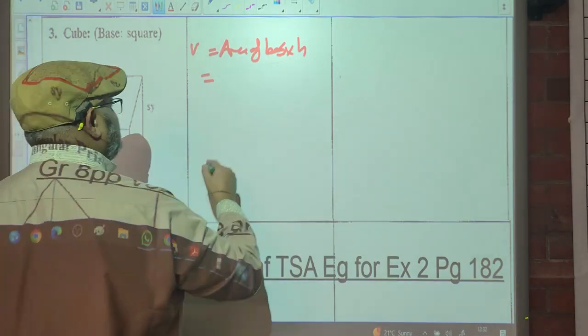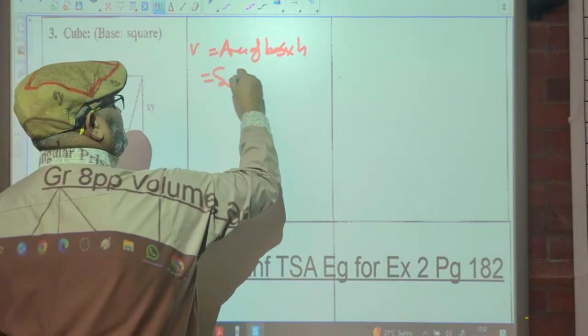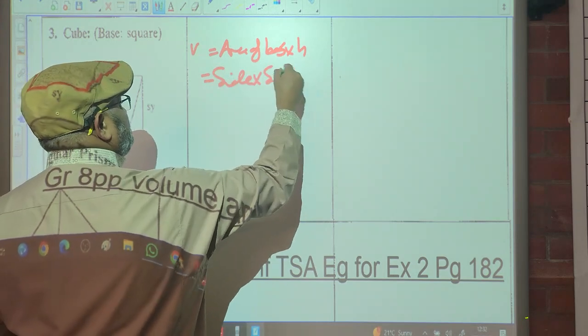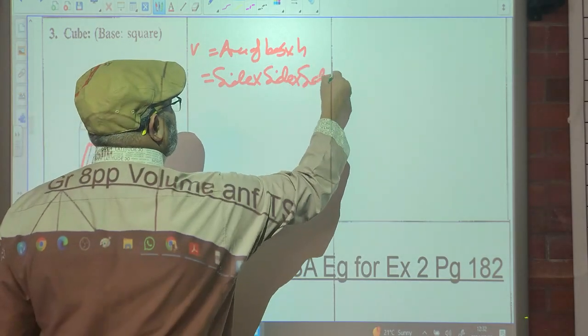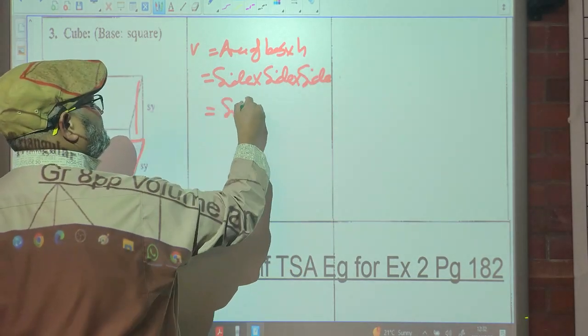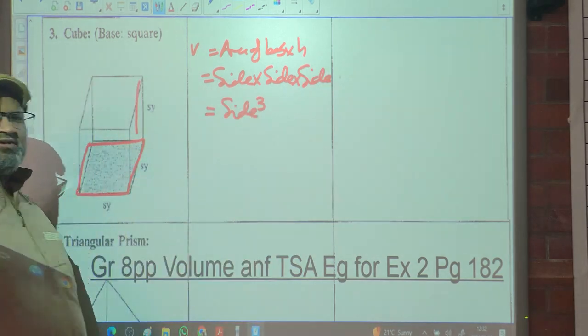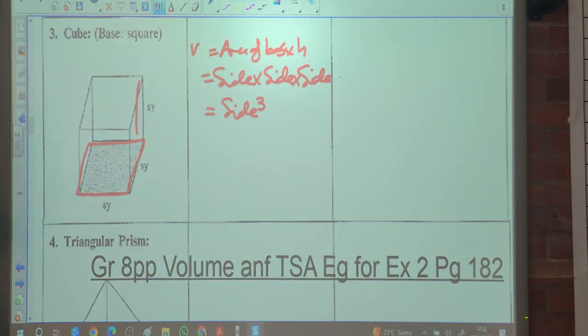Side times side, times the height. The height is also a side. So in other words, it's going to be side cubed. Whatever the length of the side is, I cube it.